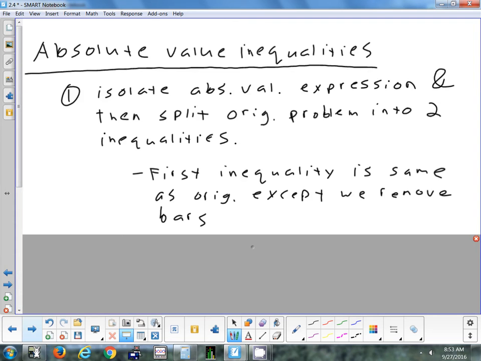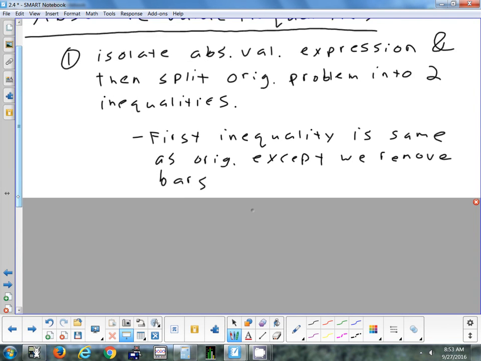The first one is exactly like the original, just take out your bars. Does anybody remember from yesterday how you get the second one? So the first one, you just take away the bars. What about the second one? Yep, Ayla? You remove the bars and you negate it. Yeah, you take away the bars, you change the sign of that number on the other side, you negate it.